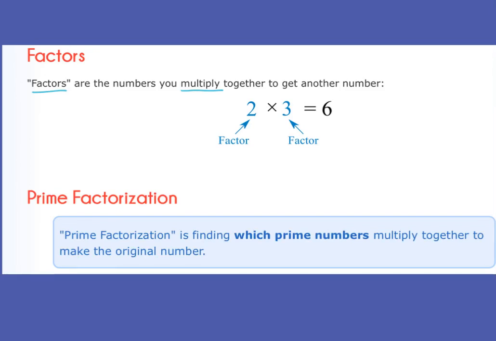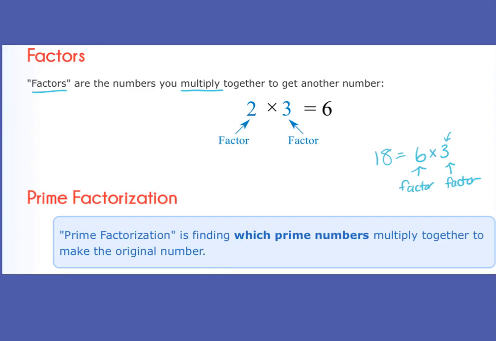They don't have to be prime factors. They just have to be multiplying to get that number. So factors of 6 are 2 and 3. If we had 18, factors of 18 could be 6 times 3. That's a factor because they are multiplying together. They're not prime factors though. Only 3 is a prime factor.